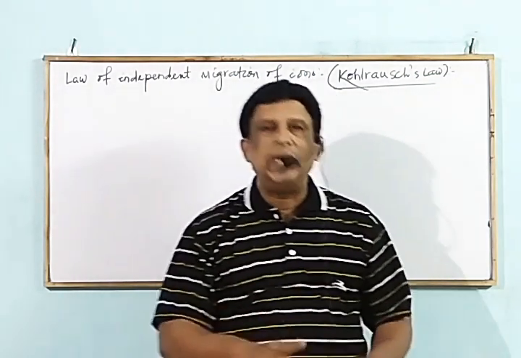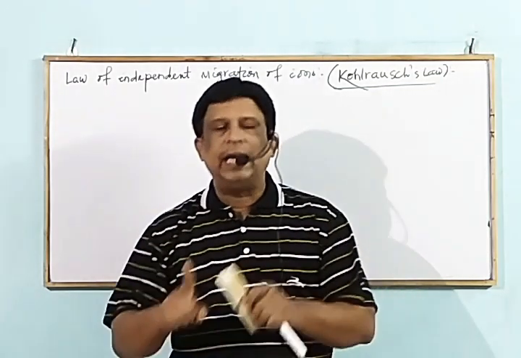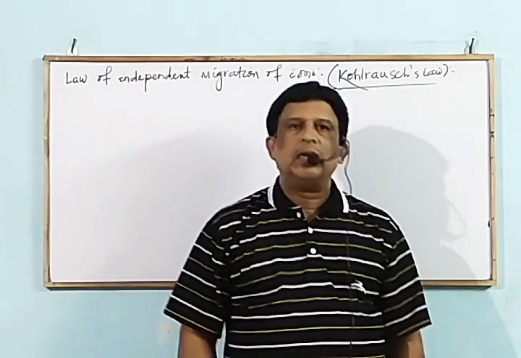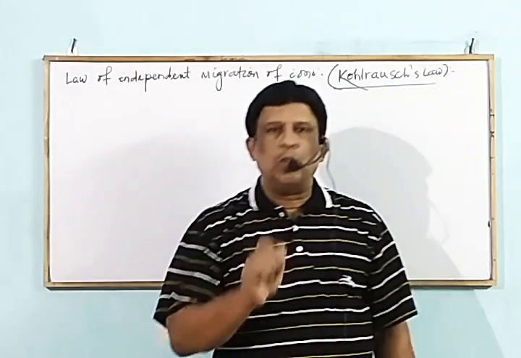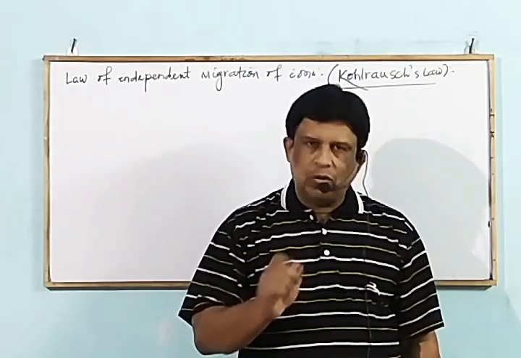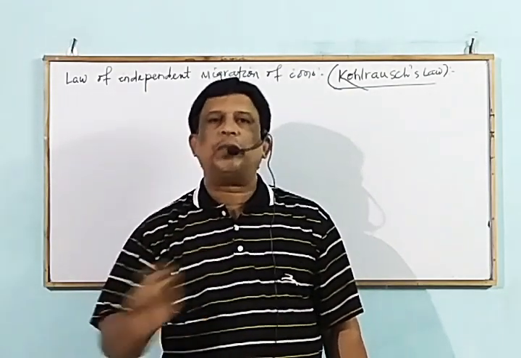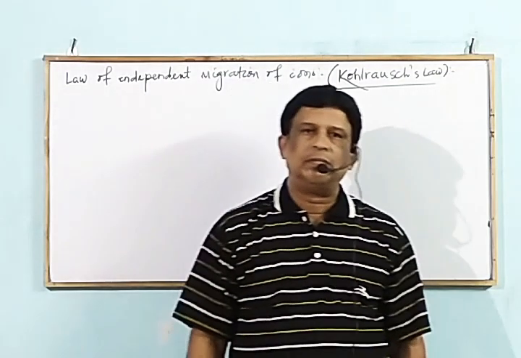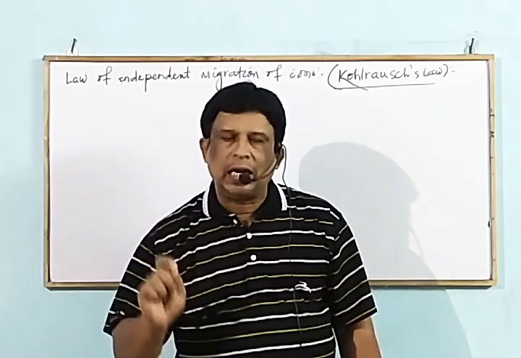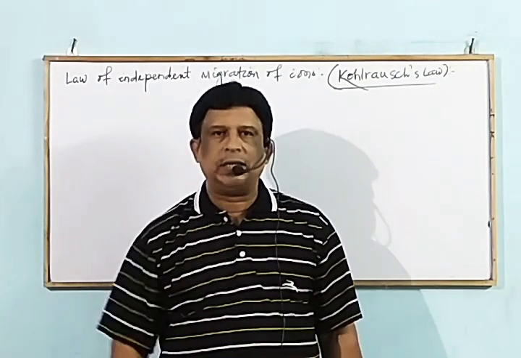What do you mean by limiting molar conductivity? It means the molar conductivity of a weak electrolyte at infinite dilution. I repeat again: this law states that the limiting molar conductivity of a weak electrolyte is equal to the sum total of molar ionic conductivities of cations and anions, and each multiplied with the number of cations and anions present in one formula unit of the electrolyte.